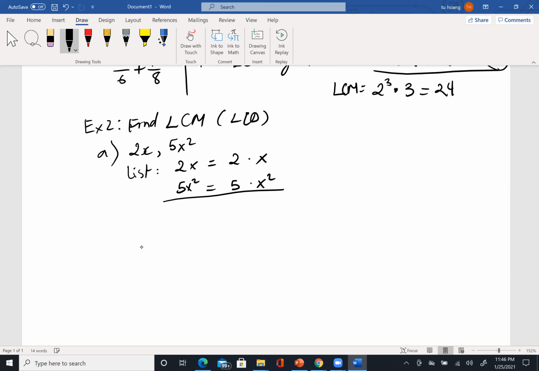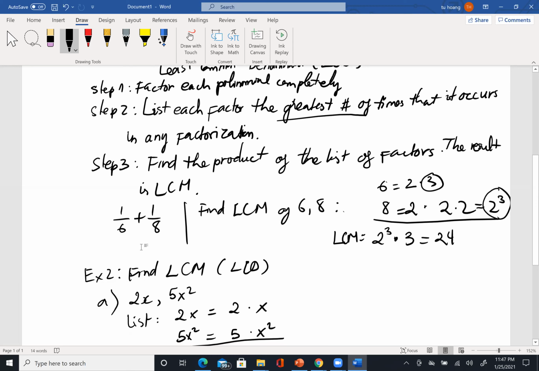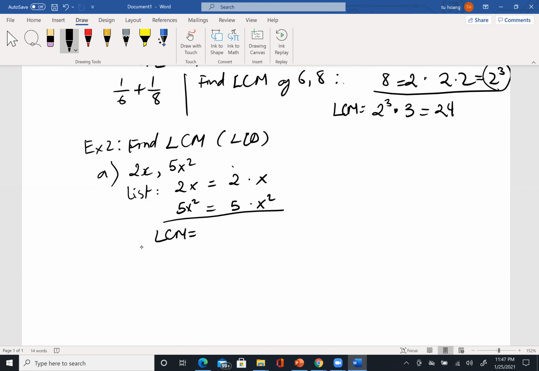So the least common multiple will be, okay, now the first factor is number 2. How many times the greatest? Okay, so let's come back with step 2 here. The factor number 2, the greatest number of times that it occurs is only 1. So put 2 only. I also have 5, and the greatest number of times is only 1, so it's 5.